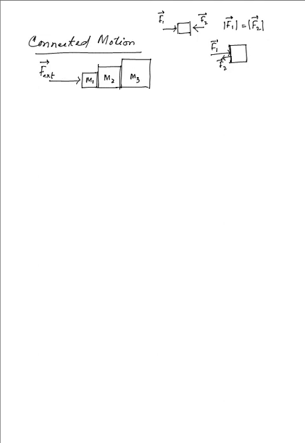Now moving over to the figure on the left, let this system, as a result of the external force, accelerate to the right hand side, that is along the direction of the external force applied, at an acceleration a. These objects remaining in contact with one another will apply forces: F external acts on M1, M1 further applies a certain force internally on M2, and likewise M2 applies a certain force on M3.